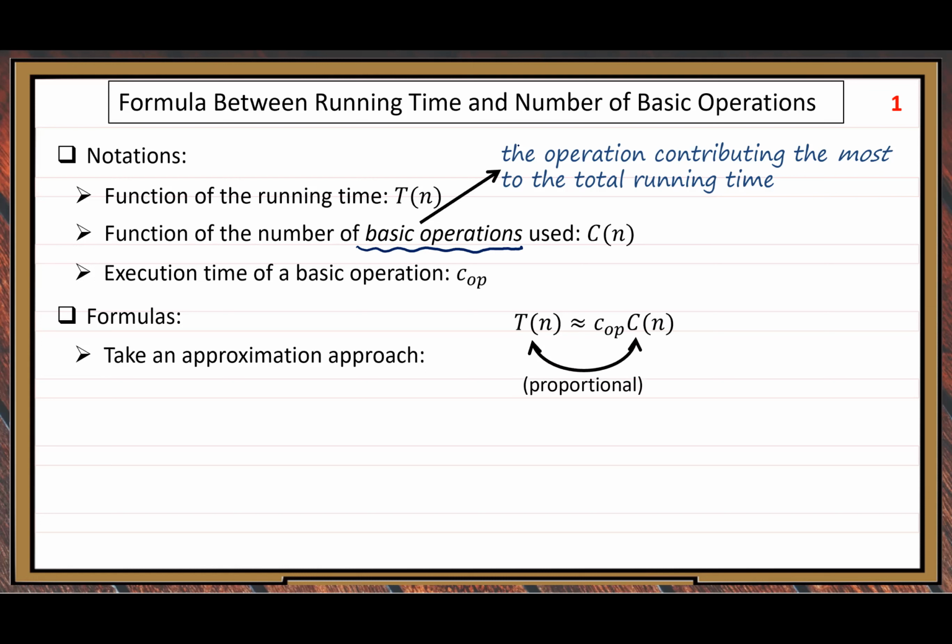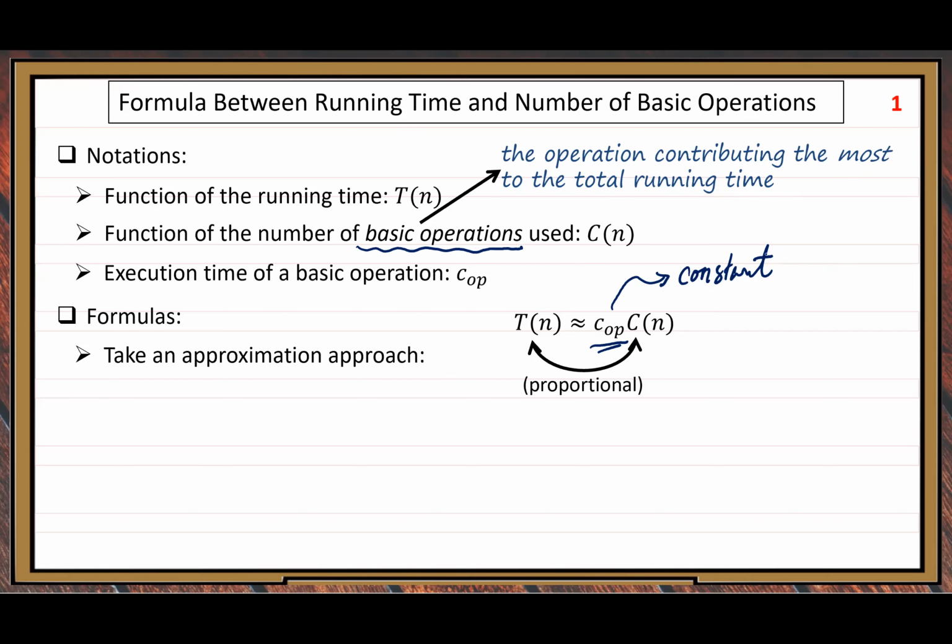Now, with this simple formula, next, let us study this formula. You can see, because this little c op is a constant, it does not change. When the input variable n changes, c op does not change. So it's a constant. Then we can see the T function and the C function are proportional.